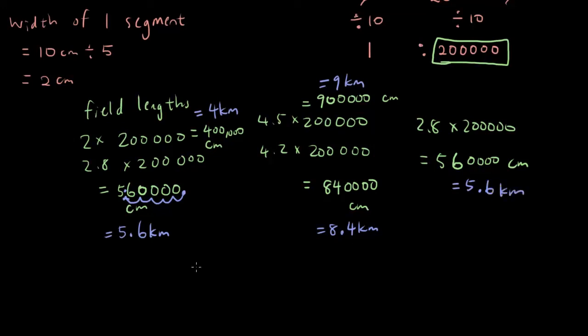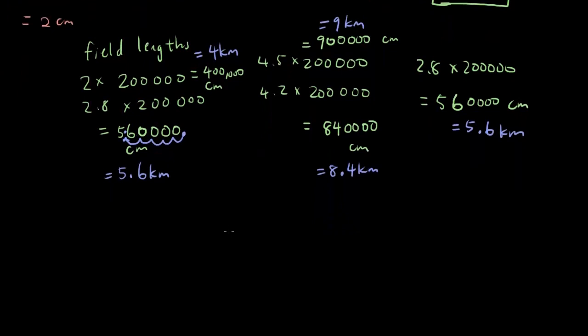Okay, so now we can use the mid-ordinate rule, which is the area equals the sum of the mid-ordinates divided by n, which is the number of mid-ordinates, times L, which is the length of the survey line. So let me write those down.